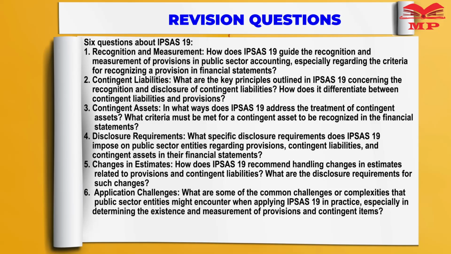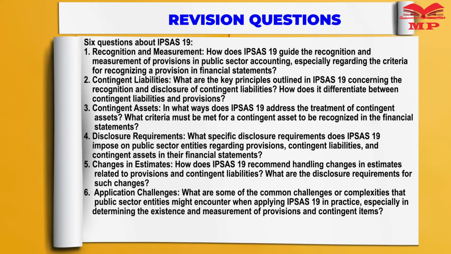Number 2, what are the key principles outlined in IPSAS 19 concerning the recognition and disclosure of contingent liabilities, and how does it differentiate between contingent assets and provisions? Number 3, in what ways does IPSAS 19 address the treatment of contingent assets?